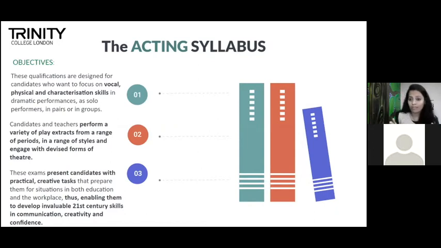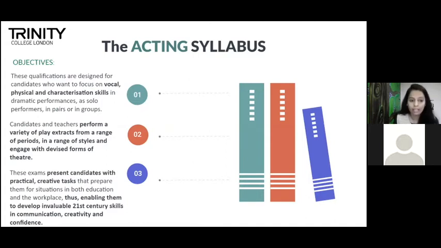It totally depends on what Trinity suggests, which is to show a variety of range and styles, but they never tell you that you have to do Greek theater or you have to do Indian dramaturgy. No, there is no specification to the content. It's only the skill that is specified in the syllabus.